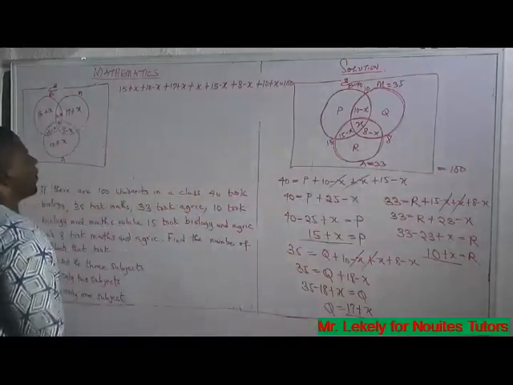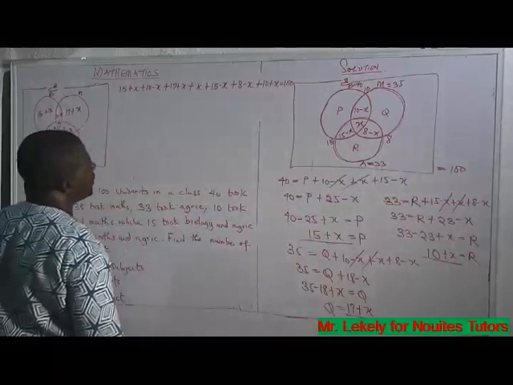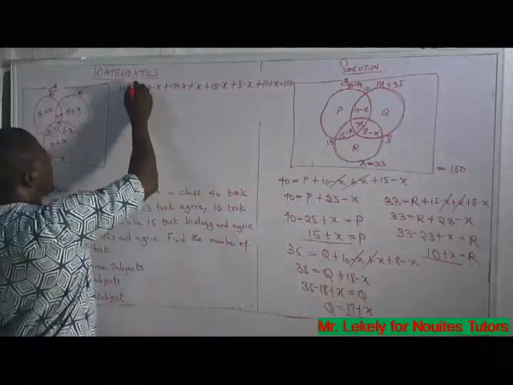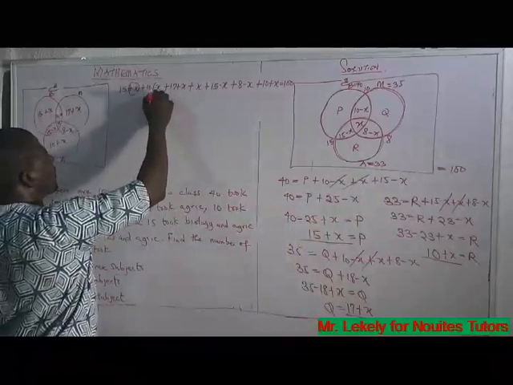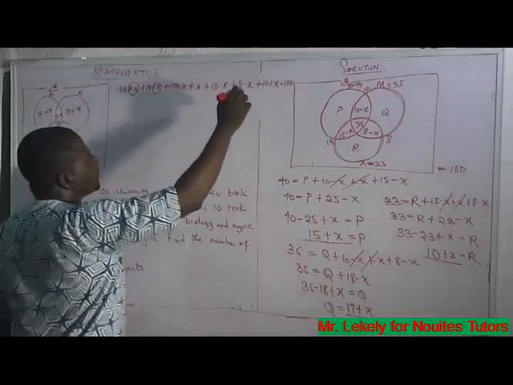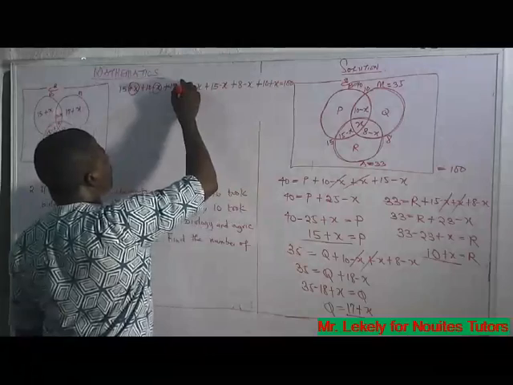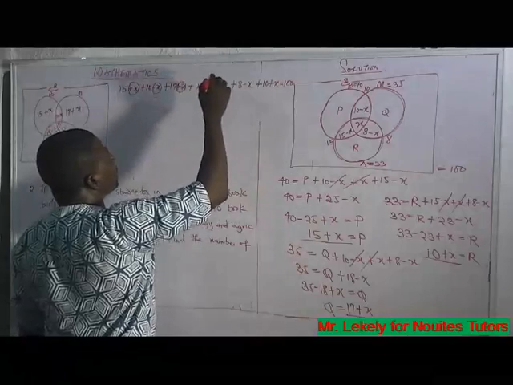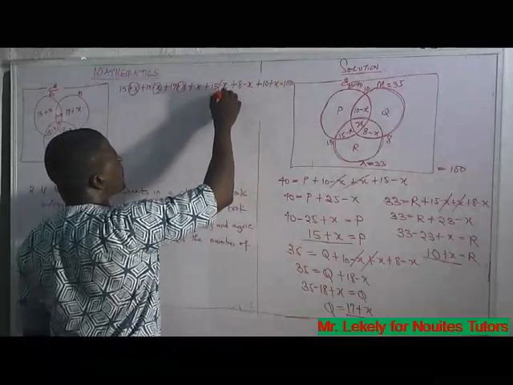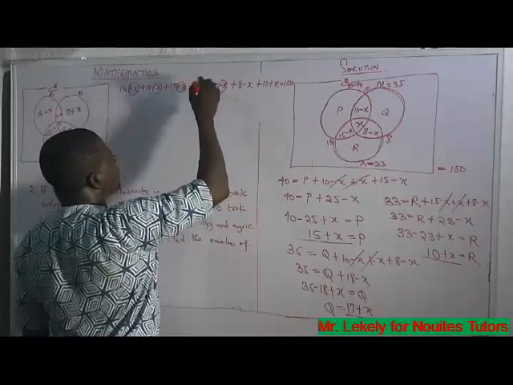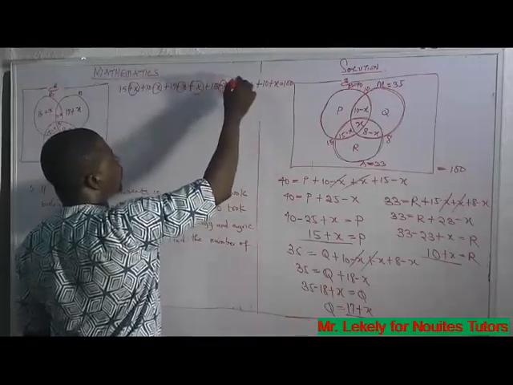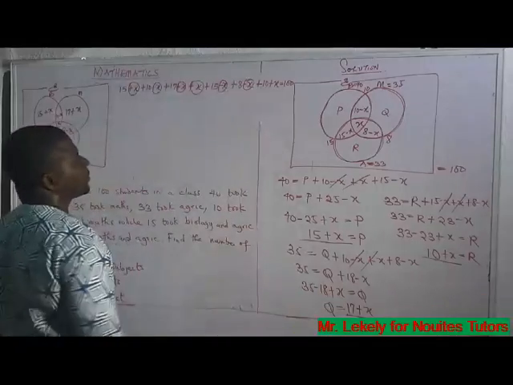So with this now, plus X will cancel minus X. Now, this plus X will also cancel this minus X. Then this plus X will also cancel this minus X. You see that?